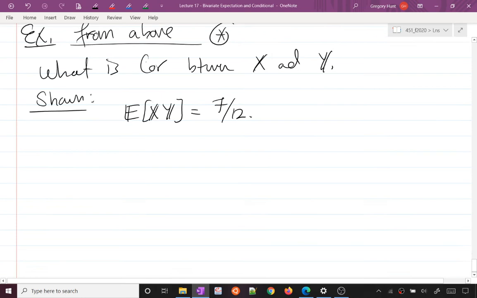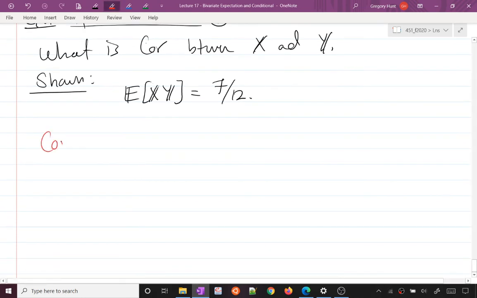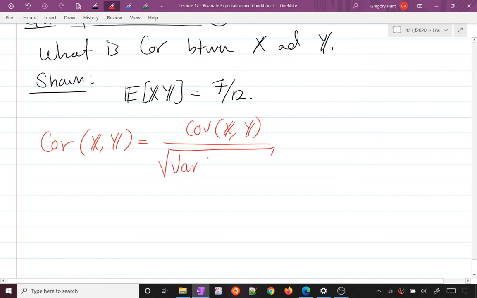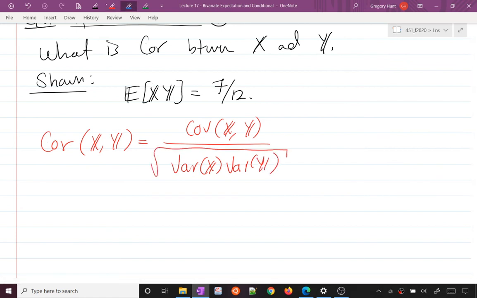And we have this fact that the correlation between x and y is the covariance between x and y divided through by the square root of the variance of x and the variance of y. And furthermore, we have this shortcut formula that says our covariance, our top term, is the expected value of the product minus the product of the expected values.